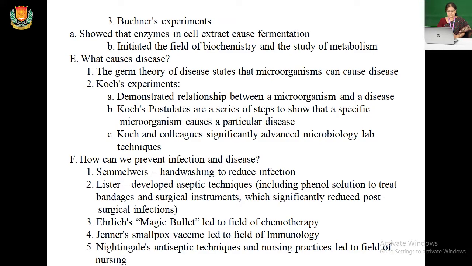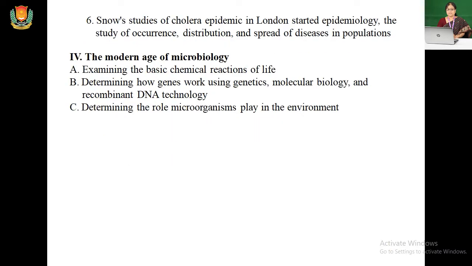Jenner dealt with smallpox, and Nightingale's antiseptic techniques and nursing practices relate to the field of nursing. Epidemiology now studies the different occurrence, distribution, and spread of diseases in the population, meaning how diseases infect. Sometimes they are contagious, sometimes non-contagious. This type of concept was first given by Snow.